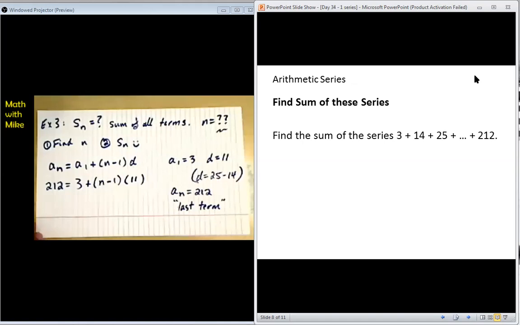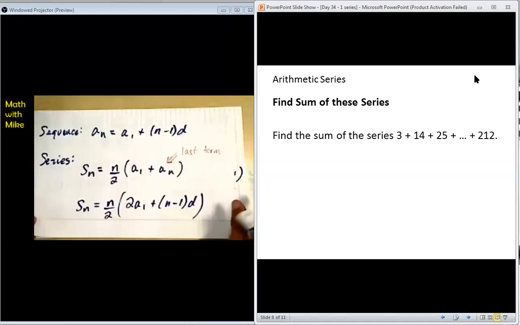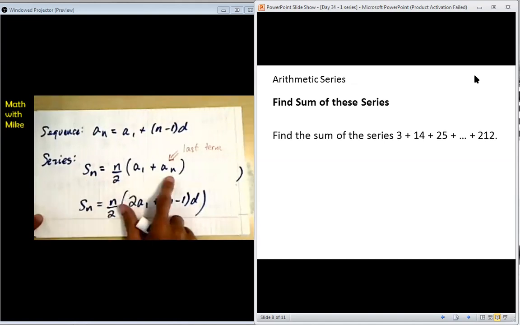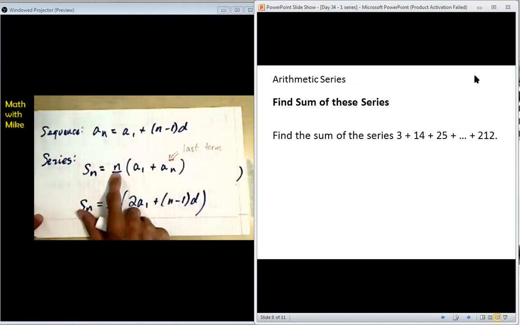Okay, so solving this for N now, what do we have to do? If you look, we've got to find the sum. A1 we've got, the last term we've got, we don't know what N is.